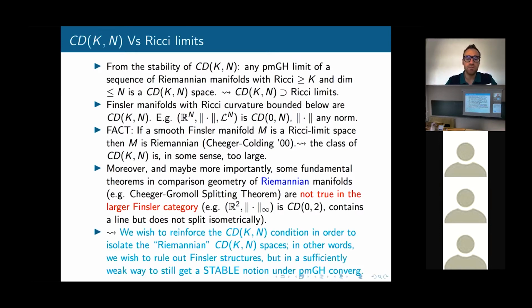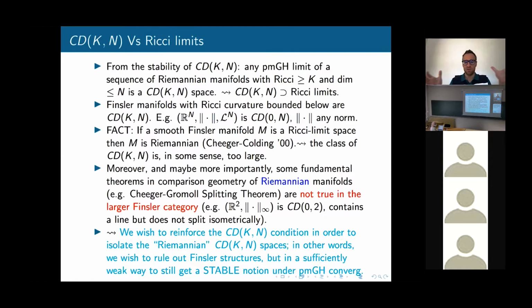So we wish to reinforce the CD(K,N) condition in order to isolate those CD(K,N) spaces which are kind of Riemannian. In other words, we would like to rule out Finsler structures, but in a sufficiently weak way to still get a stable notion under pointed measure Gromov-Hausdorff convergence.